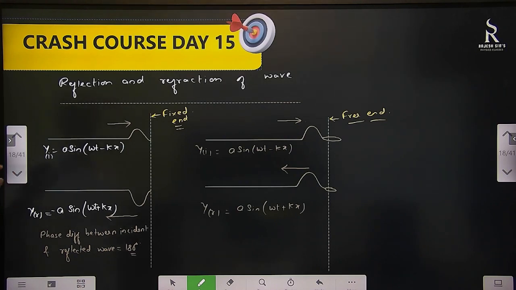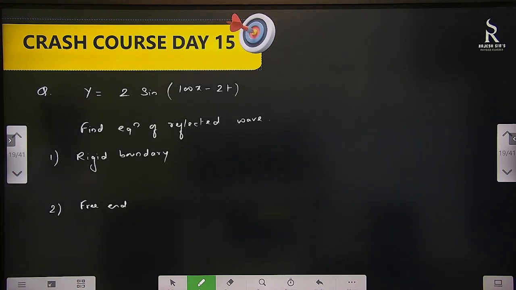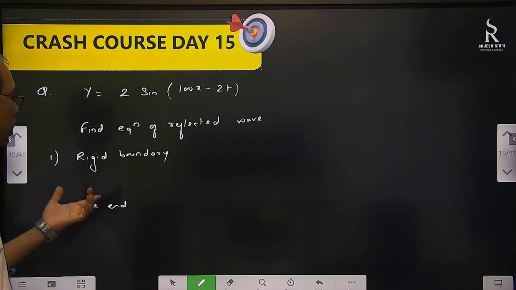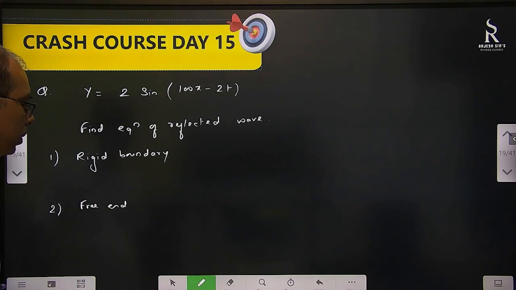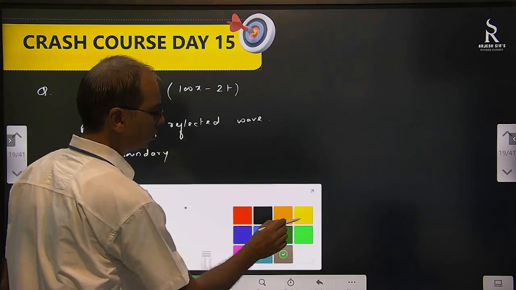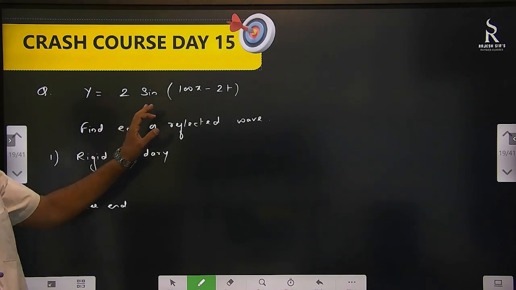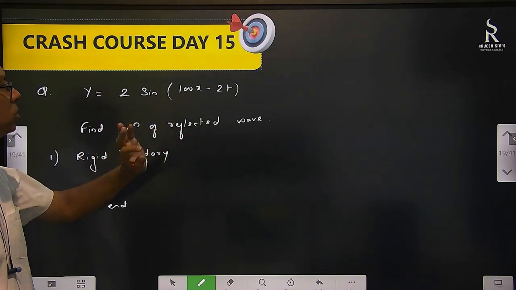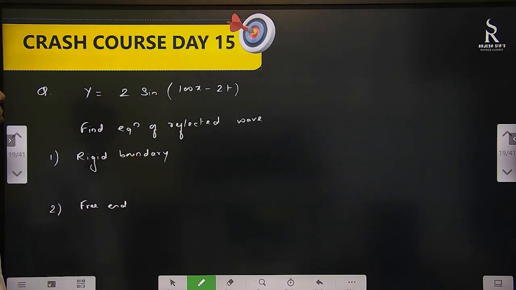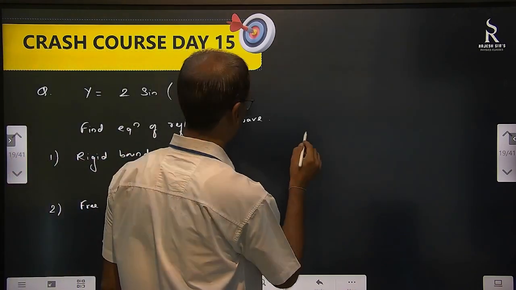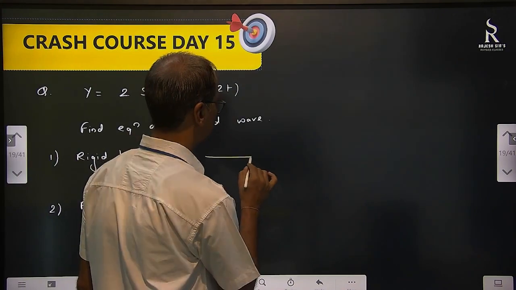All right. Find the equation of the reflected wave through a rigid boundary and through a free end, both. Okay, so we can do that easily. We studied it. y equal to 2 sine (100x minus 2t), kx minus omega t form. So through a rigid boundary, what we can do? Solution is here.